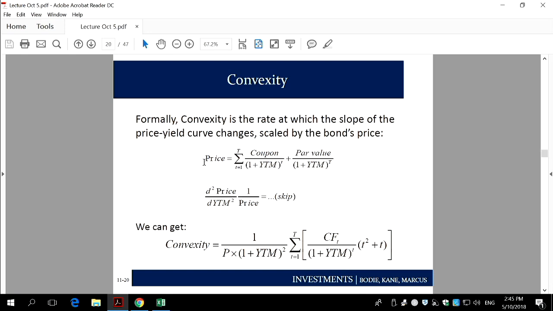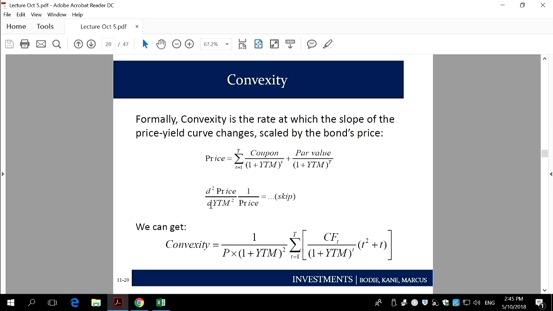And the starting point is the same thing. We go from the bond price. This is basic. Then, because this is a change of the first order derivative, the slope, this is actually a second order derivative, a change of the slope. But because I'm not focusing on those mathematical deductions, I just skip this deduction.